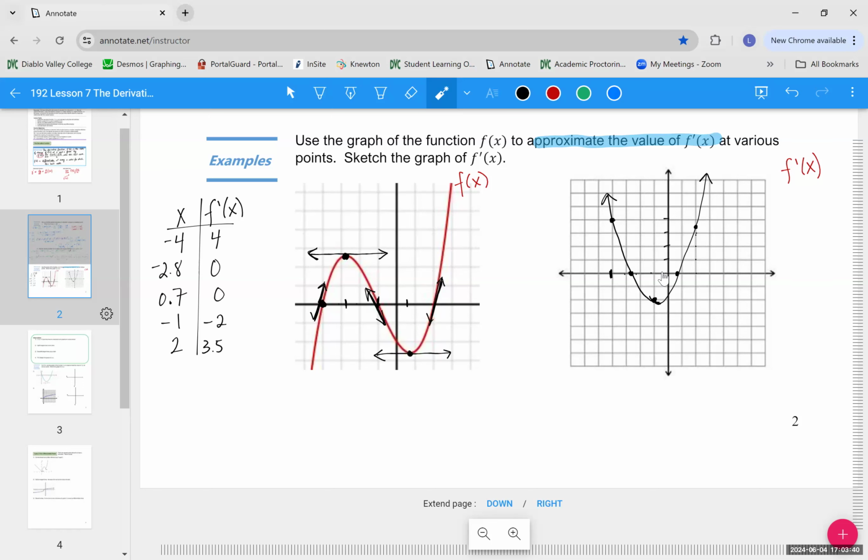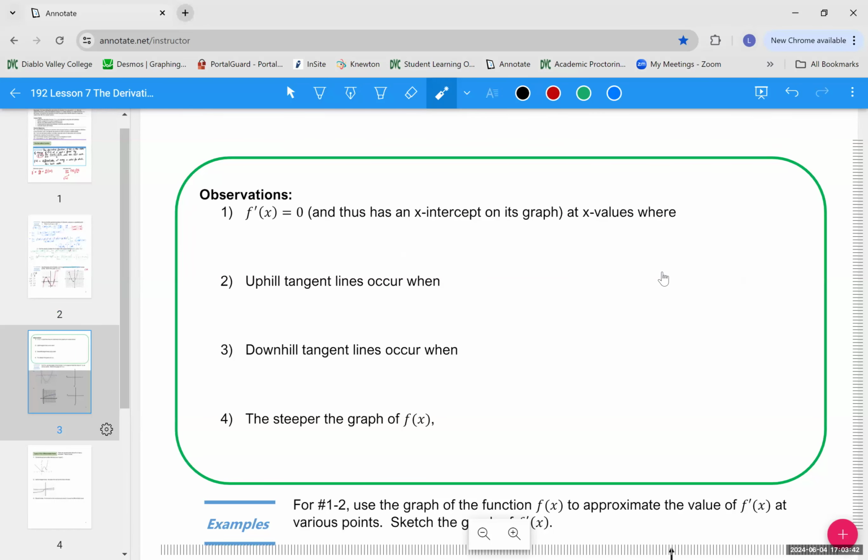Okay, so we can fill that in. Where the tangent line to f of x is horizontal. And we'll fill in exactly where that was happening.